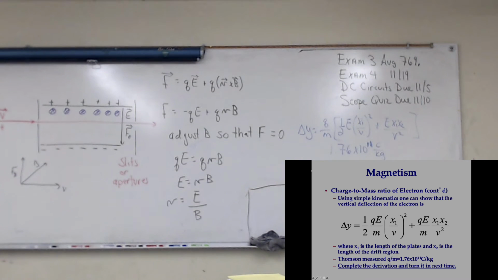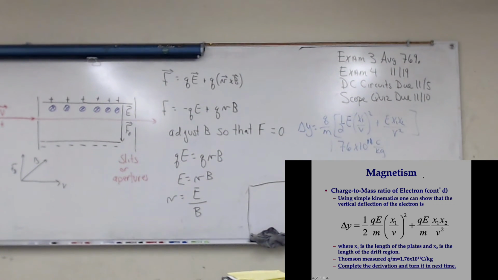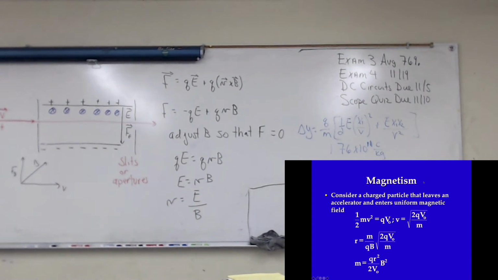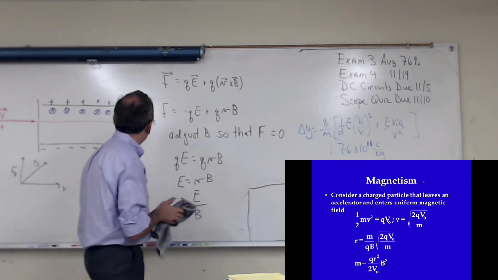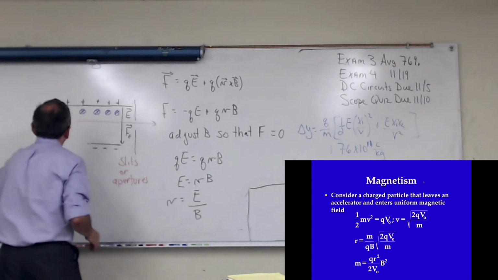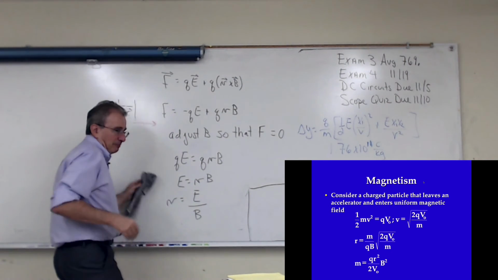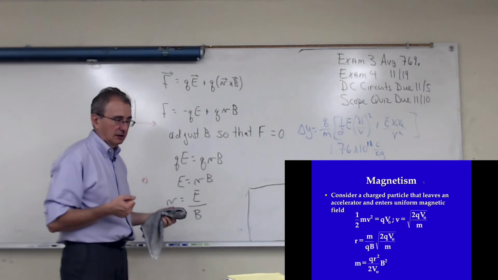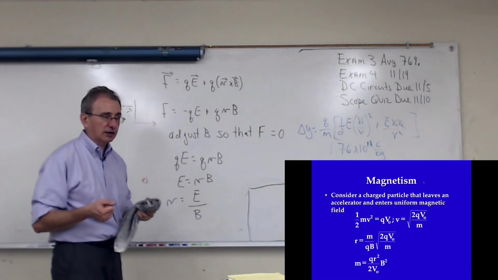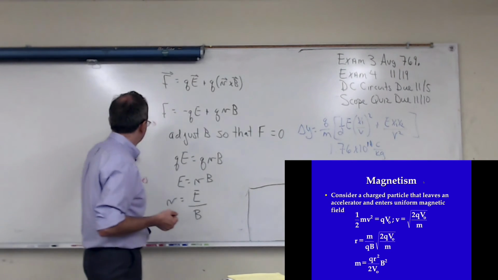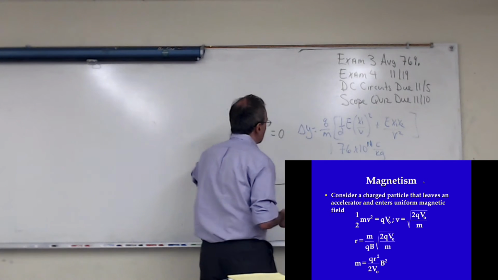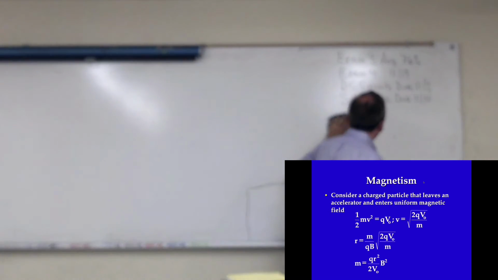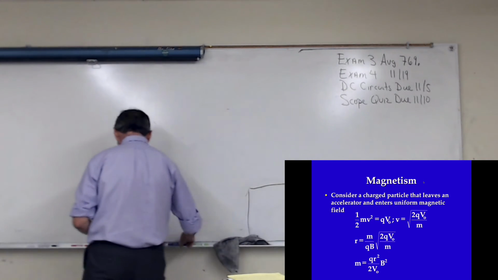There's a lot of interesting applications of these ideas. One can spend a long time going through them, but we don't have time. Suppose I have an accelerator or an electron gun. Basically, it's a device that sends a charged particle through a potential difference. So this is a little bit of a review of Unit 2.